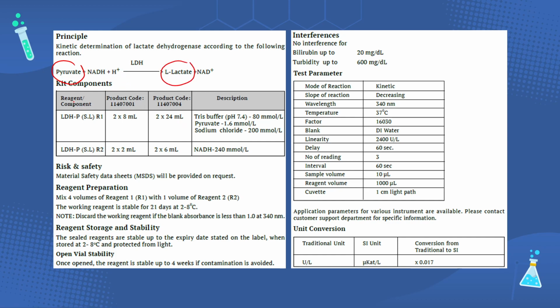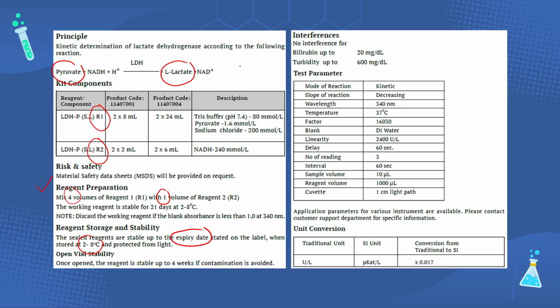Now, the same as what we did all the time whenever we process your enzymes, we will always be given two reagents, and in preparing your reagent, that is a 1:5 dilution, placing 1 volume of your reagent 2 and 4 volumes of reagent 1. Now, for the reagent storage and stability, it is stable until the indicated expiry date as long as it is stored in your refrigerator and protected from light.